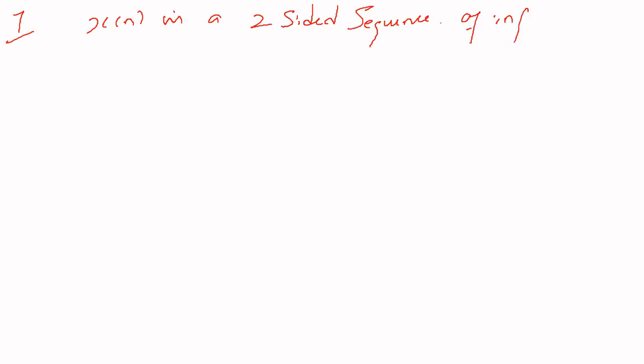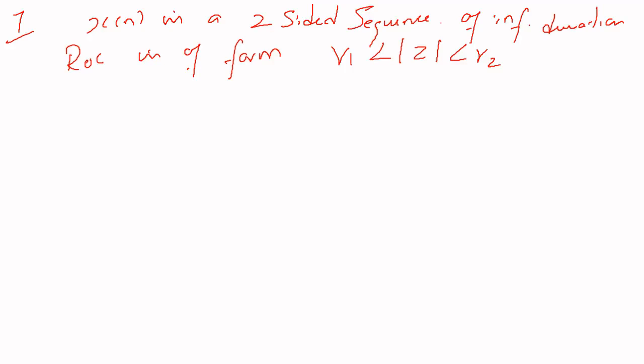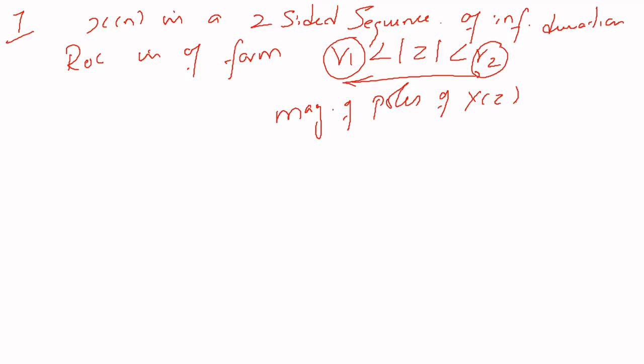I think the 7th property: if x of n is a two-sided sequence of infinite duration, then the ROC is of the form R1 less than modulus of Z less than R2, where R1 and R2 are the magnitudes of poles of X of z.